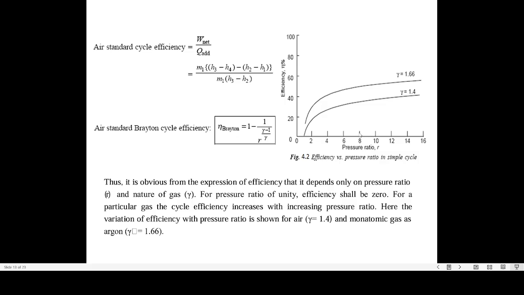I can also make an observation that at a constant pressure ratio, let us say pressure ratio 8, if I compare the values of efficiencies for gamma equal to 1.4 and gamma equal to 1.66, I can see that the efficiency is higher for the gas which has the higher value of gamma. Hence the variation of the efficiency with the pressure ratio for air, 1.4, and for monoatomic gas, that is argon, 1.66, can be seen on this curve.